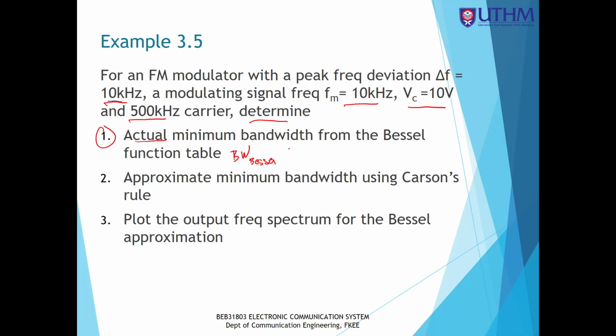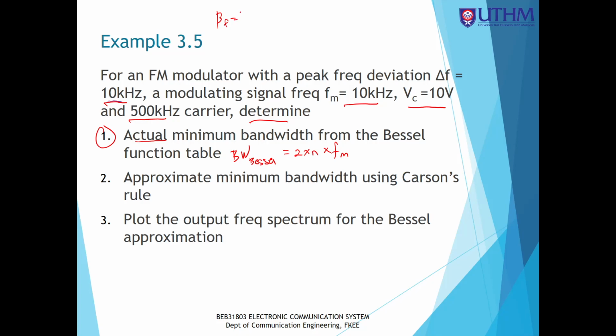Bandwidth by Bessel is equal to 2 times n times the modulating signal frequency. How much is n? We can calculate n based on the modulation index. First of all, we need to find the modulation index, beta f.